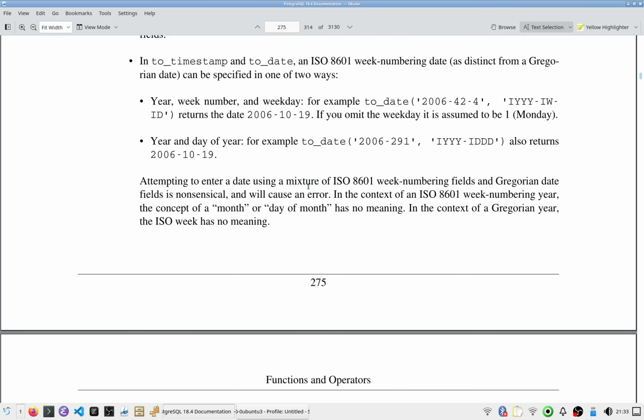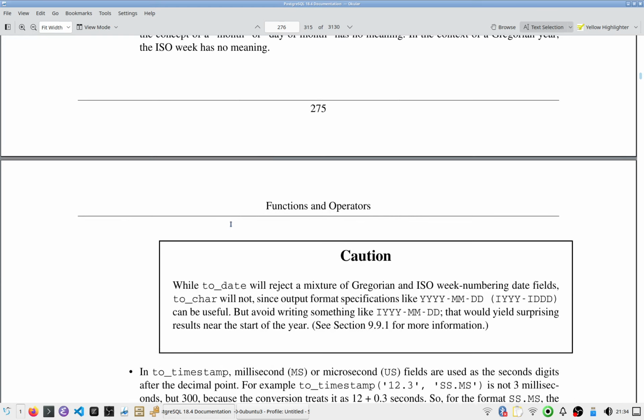Attempting to enter a date using a mixture of ISO 8601 week-numbering fields and Gregorian date fields is nonsensical, and will cause an error. In the context of an ISO 8601 week-numbering year, the concept of a month or day of month has no meaning. In the context of a Gregorian year, the ISO week has no meaning.